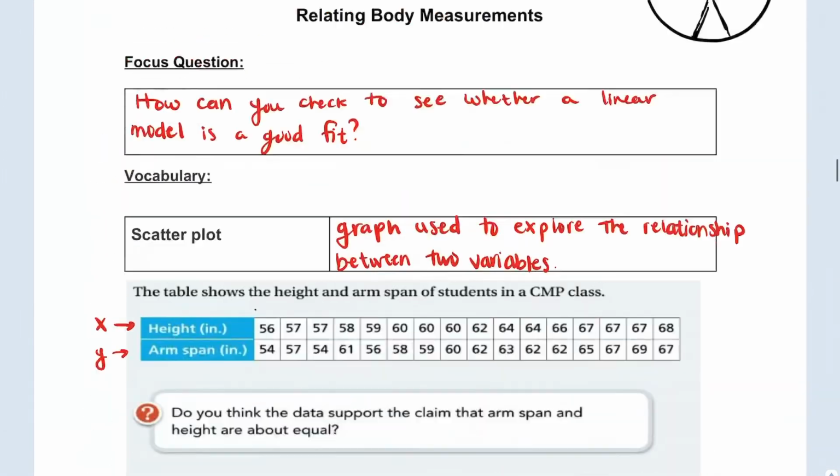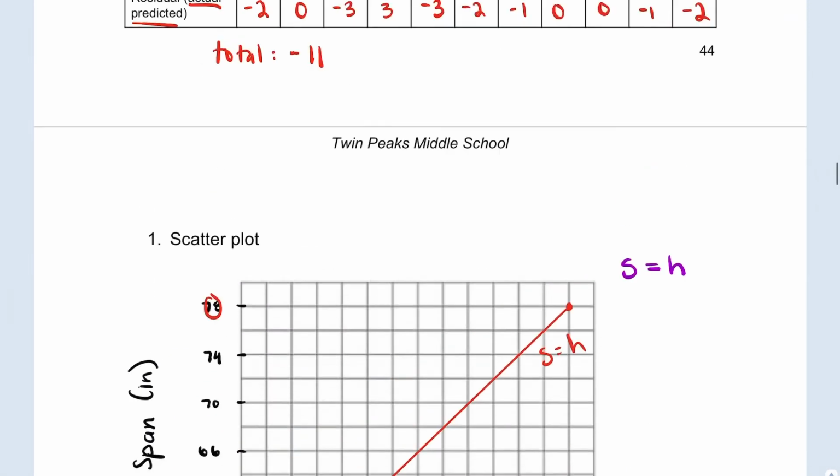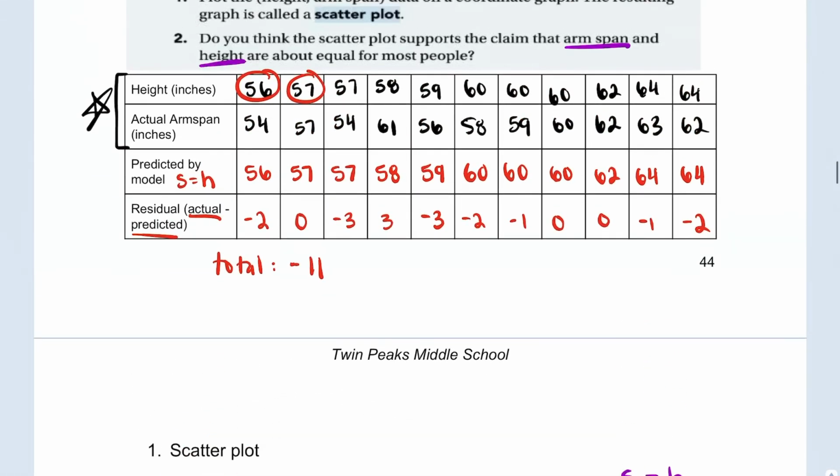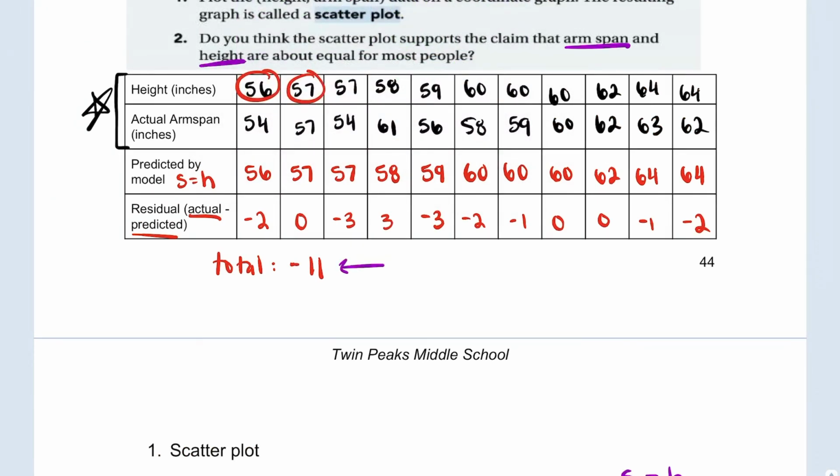So it kind of supports my theory here that there's a general linear trend, but the scatter plot doesn't show that most people's arm spans are equal to their heights. I need you guys to remember that we want the total error to be closer to 0.